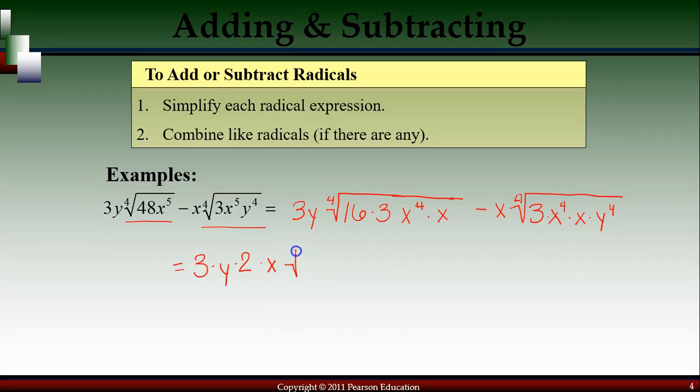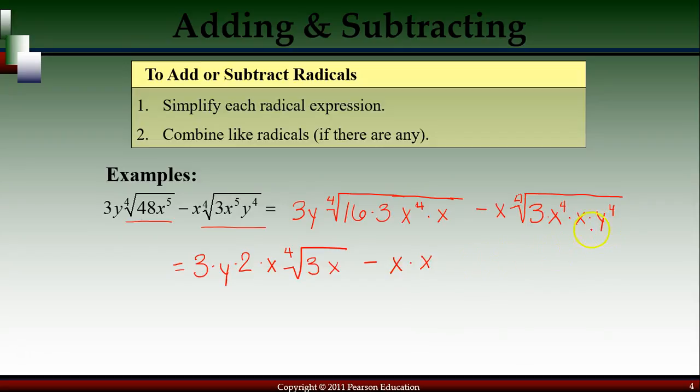Then everything else stays on the inside of our radical. So 3x. Let's write that a little shorter. There we go. And then on this one, we can take x to the 4th. We take the 4th root of that, that's going to give us x.